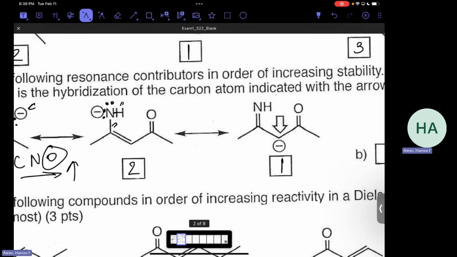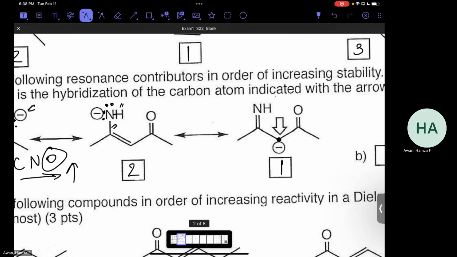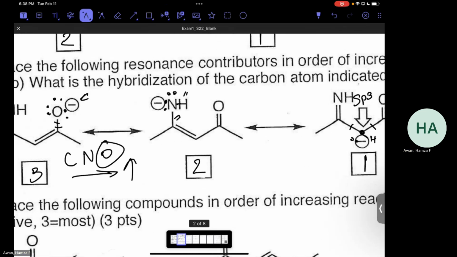So if we look at this one, we have an sp, technically this has a hydrogen, I guess, sp with the lone pair. So this is an sp3 carbon right now, right?